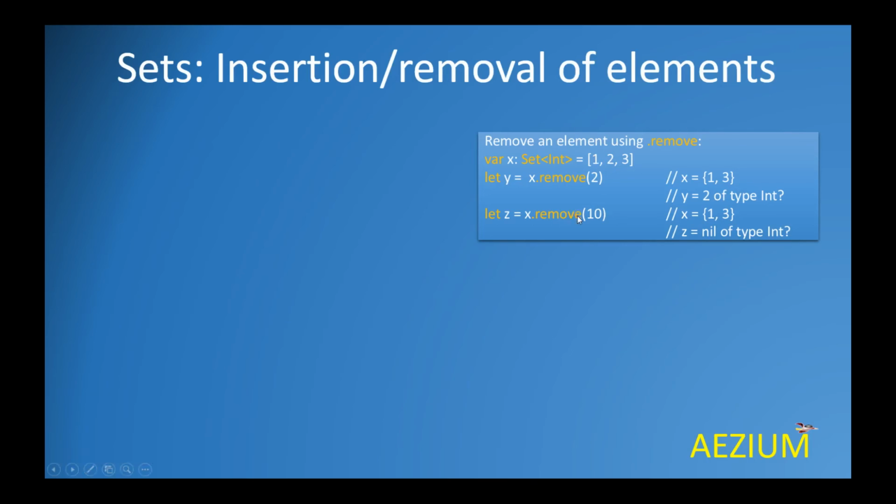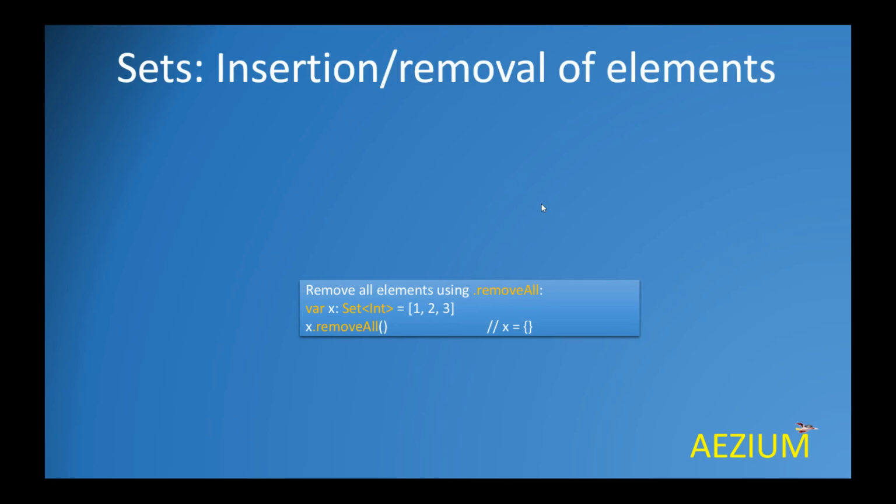Now, I am showing a case where we try to remove a value 10 from our set, and that value does not exist. It's not part of this set. So this operation is still allowed, but what is actually returned is nil. It should be clear here why we have return values of type optional, because the return value may or may not exist.